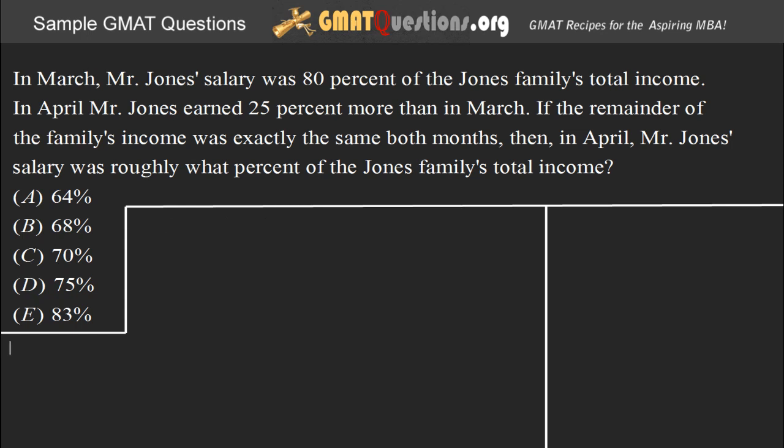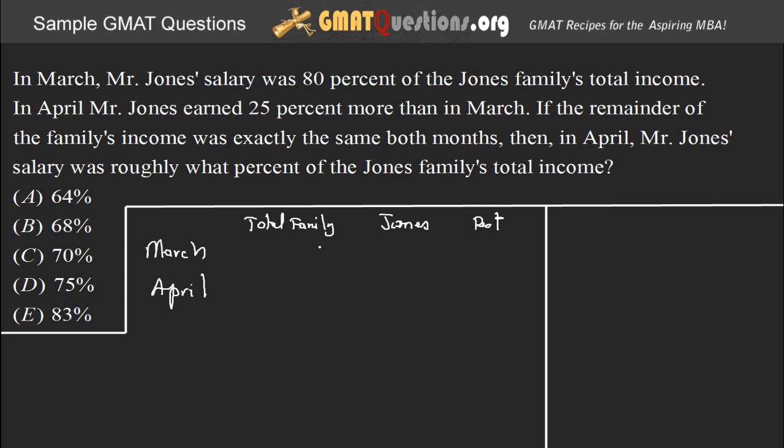So March, April. So we have total family salary. We have Jones. And we have the rest of the family. Okay?